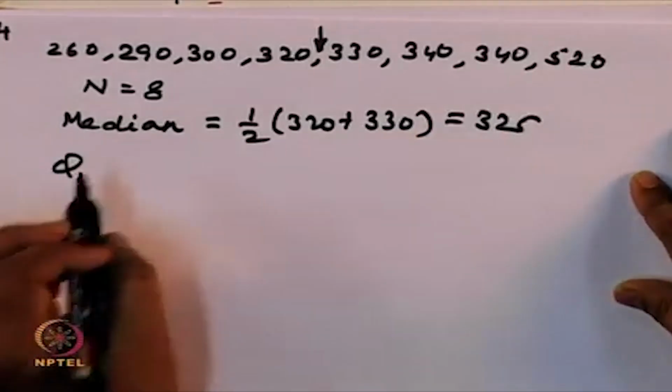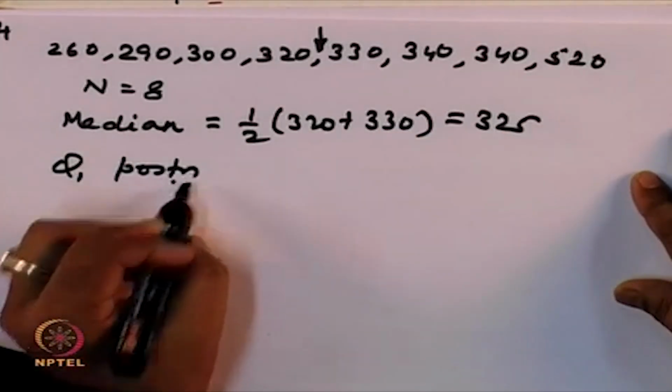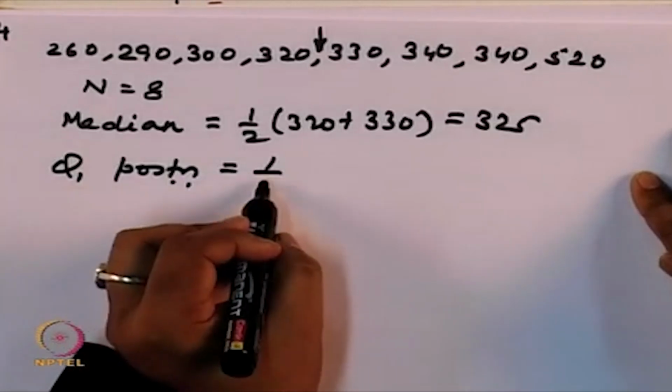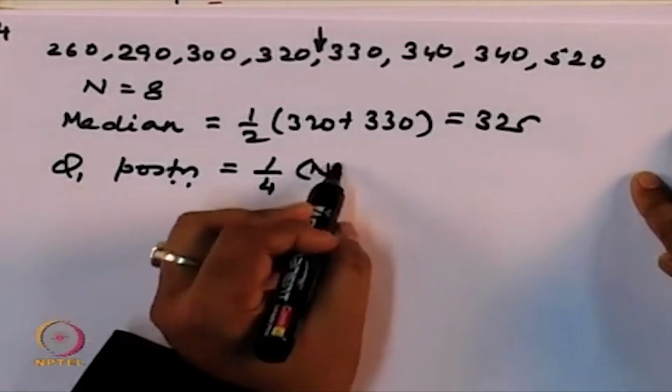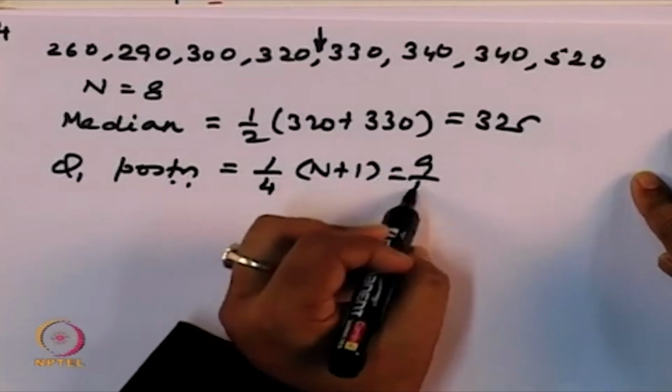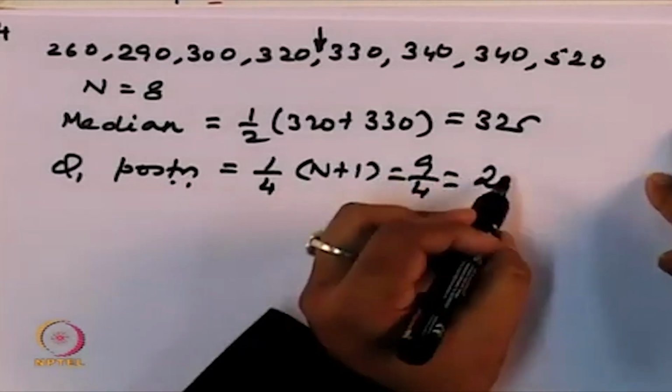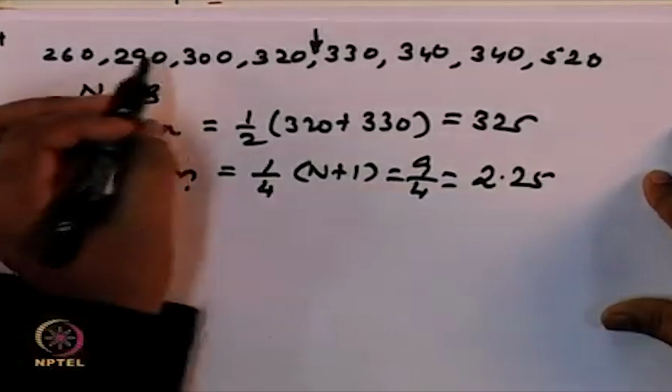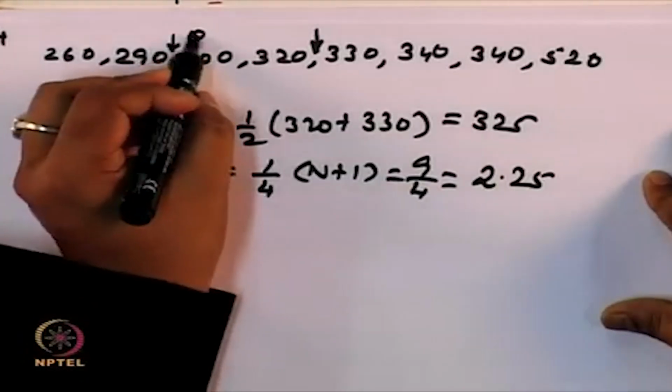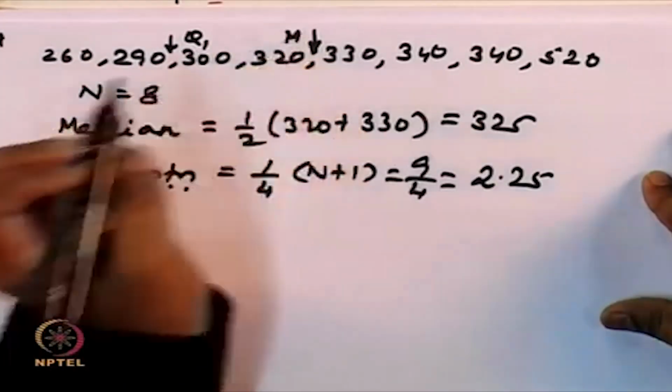The position of Q1 will be 1 times n plus 1, which is 9, divided by 4, equal to 2.25. So after position 2 is the position of Q1, and this is your median.